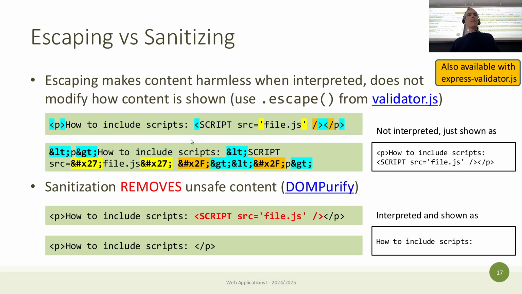Okay? Sanitization, instead, changes the content if necessary, because it wants to remove all dangers from the content. Okay? So in the end, potentially we have something different. But in this case, we can safely interpret or execute this code. Okay? So that's the difference.